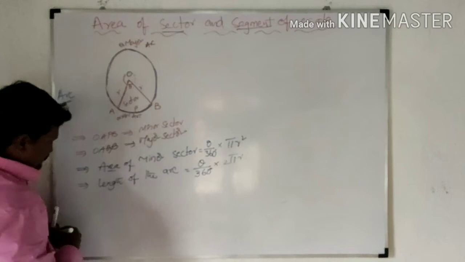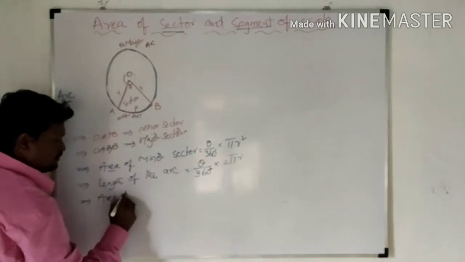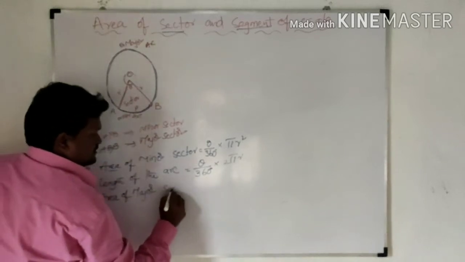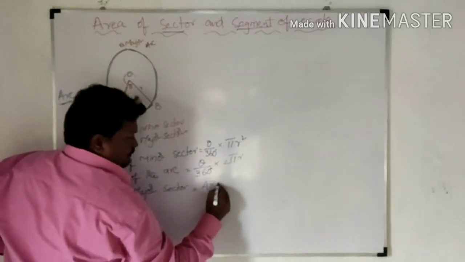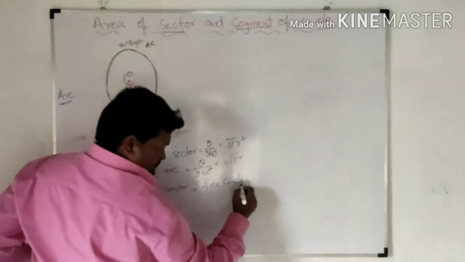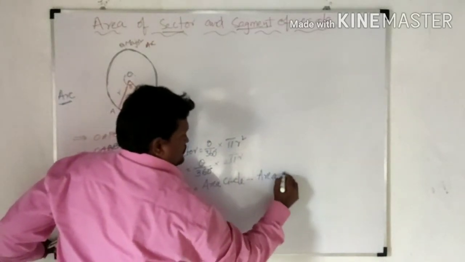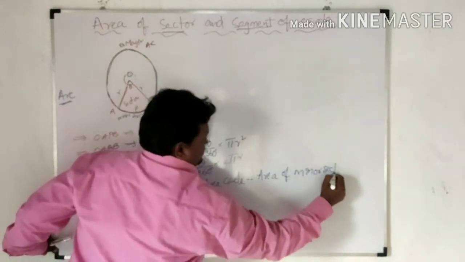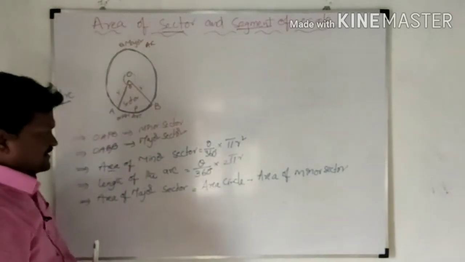So the area of the major sector is equal to the area of the circle minus the area of the minor sector.